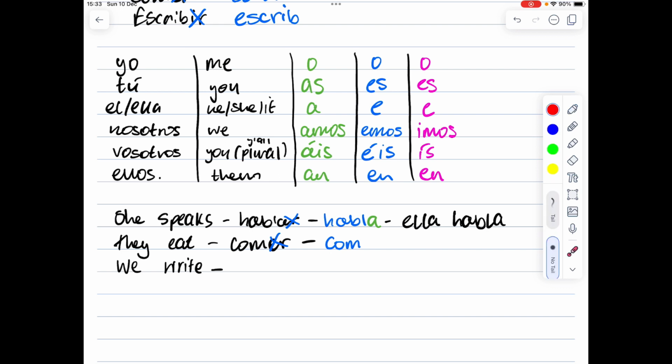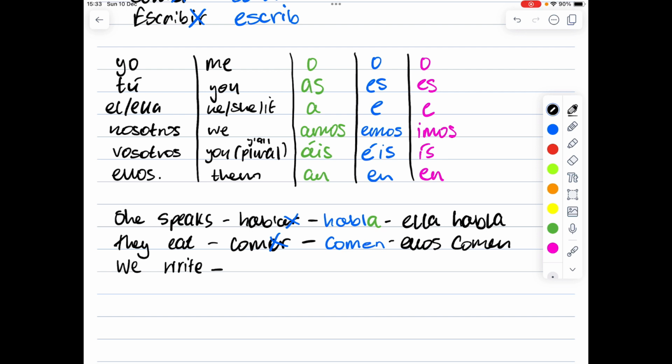I'm going to, again, come to my table, this time in the ER section, and I'm looking for they, and it's the ellos, so I know it's EN, and I can add an EN then to my com, and it becomes comen. Again, you can say ellos comen for they eat. Emphasis on the pronoun if you would like.